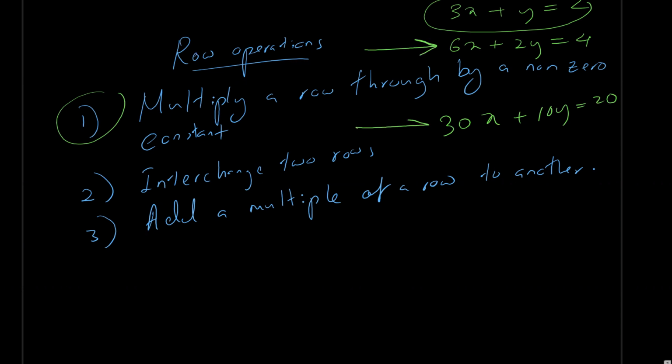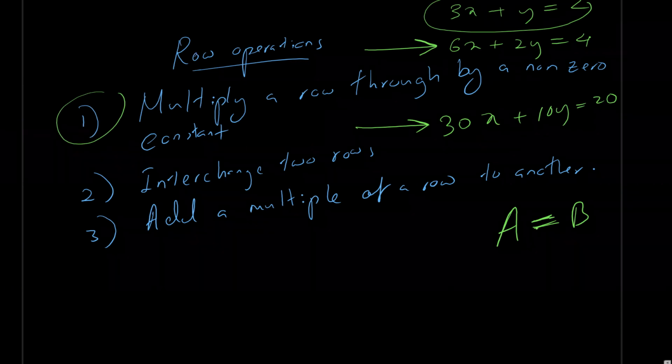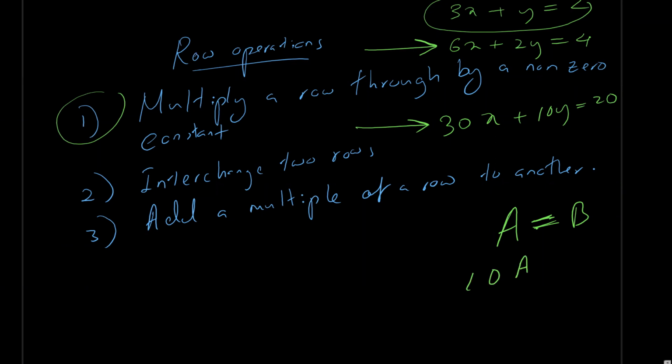Here I am multiplying the whole thing by 10. Whenever you have an equation a equals b, you can do almost whatever you want to this equation as long as you do it to both sides. You cannot divide by 0 or multiply by 0. For example, 10a equals 10b is okay. 5a plus 5 equals a plus b plus 5. As long as you do that thing to both sides, you are going to get an equivalent equation. That is the idea behind the first row operation.